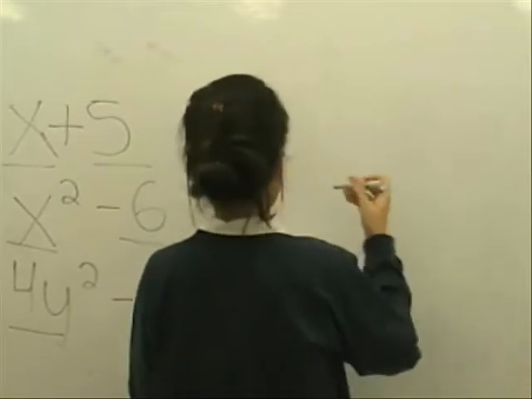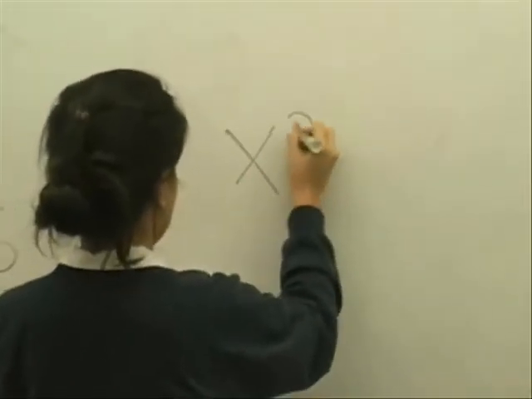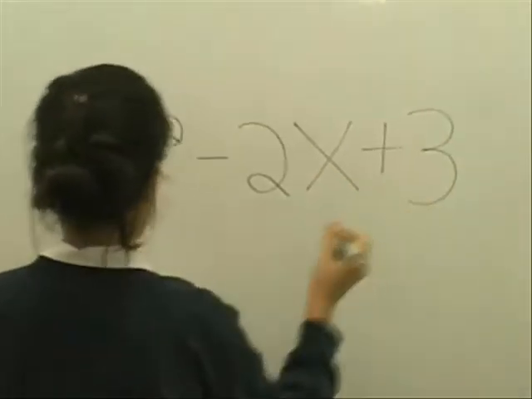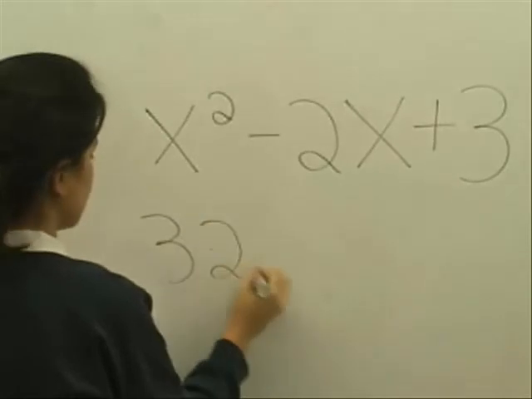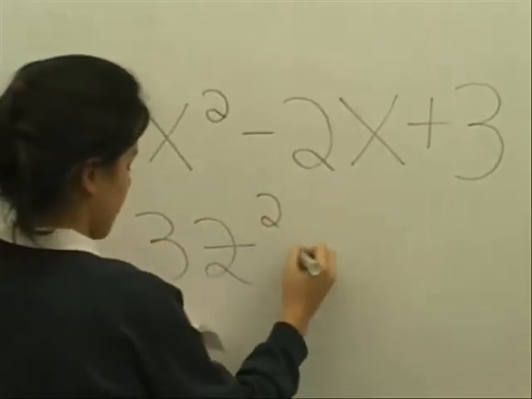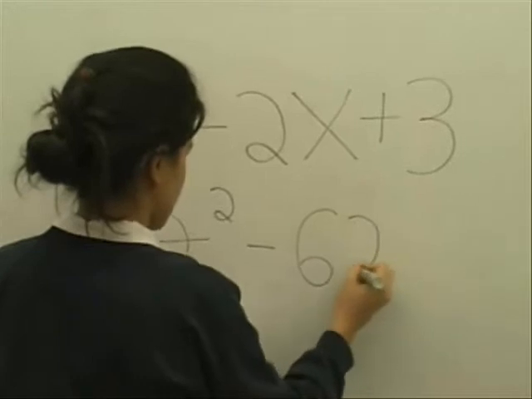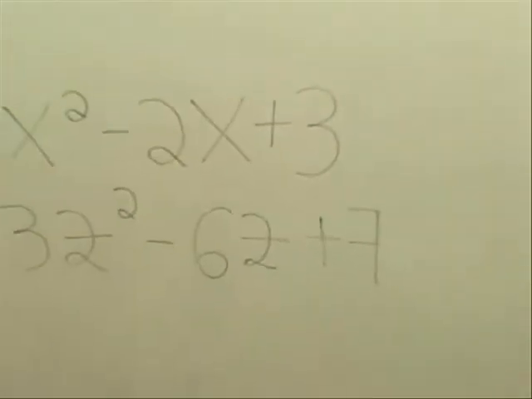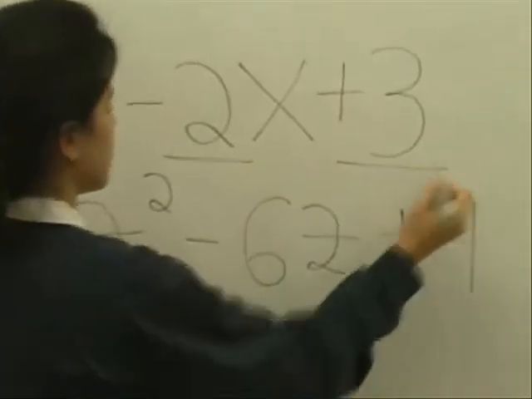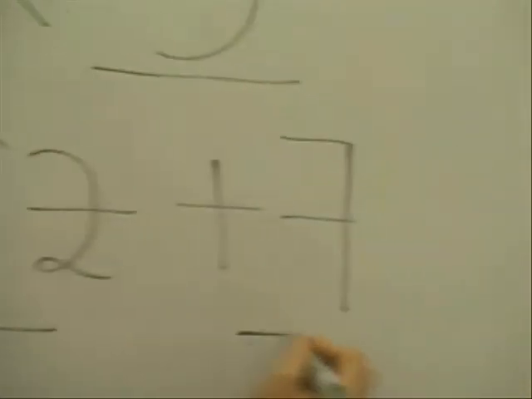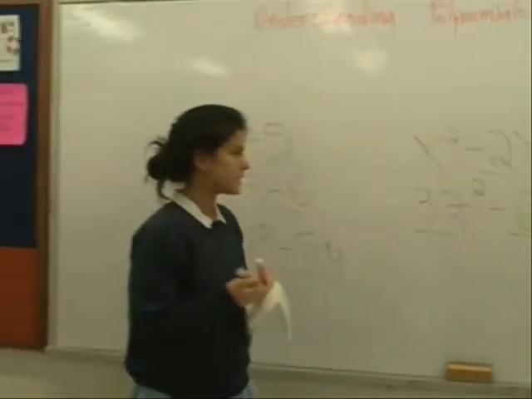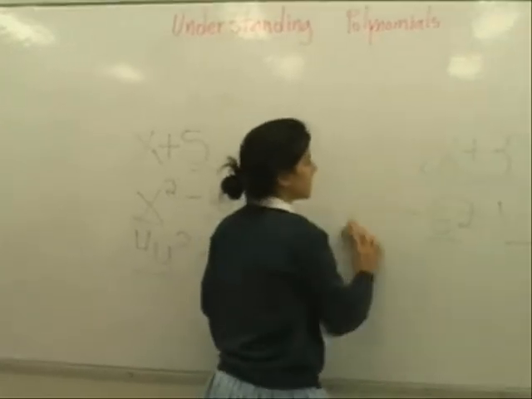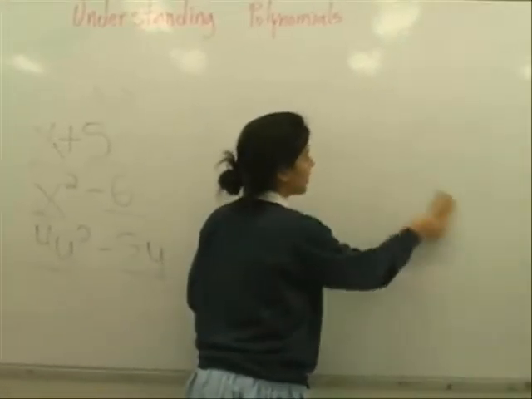For example, x squared minus 2x plus 3, or 3z squared minus 6z plus 7. There are 1, 2, and 3 terms, and here 1, 2, 3 terms. Those are trinomials.